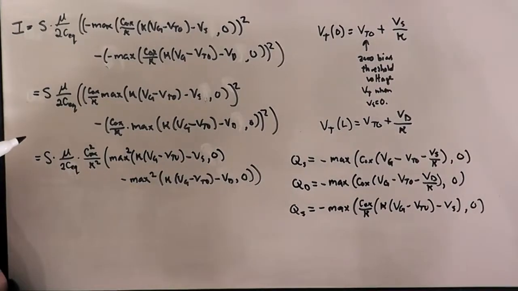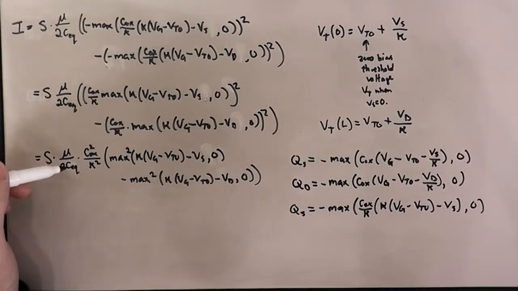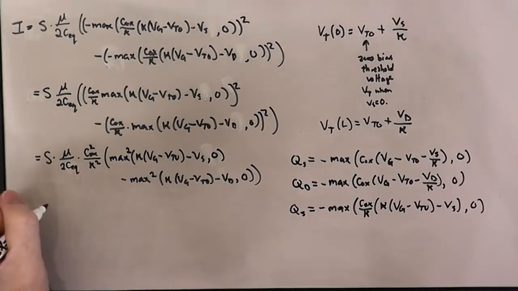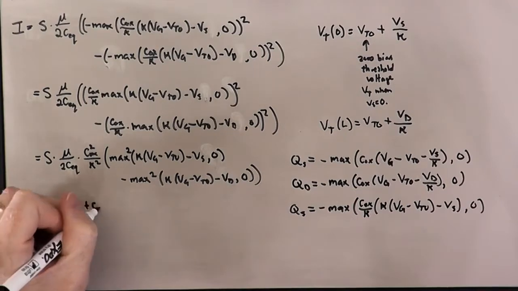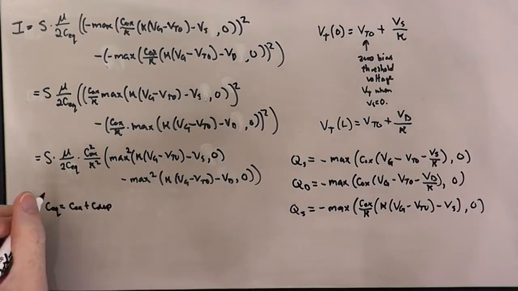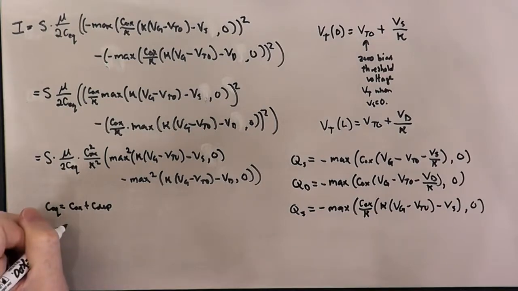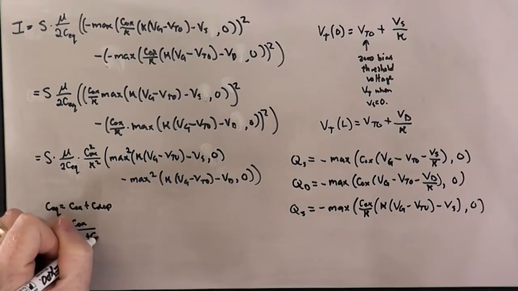Now, remember C equivalent was Cox plus C depletion. And kappa was equal to Cox over Cox plus C depletion.